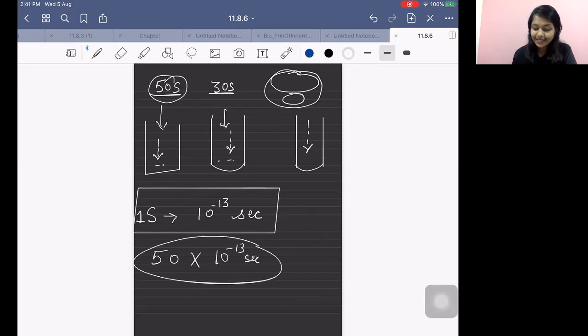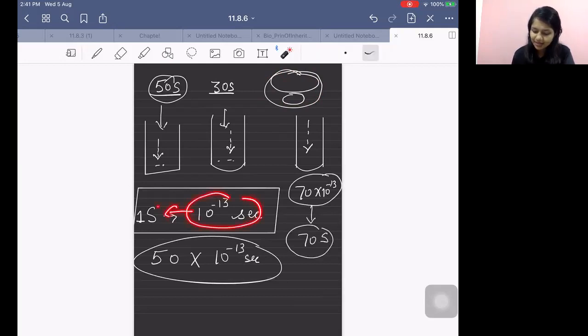If I am taking the two subunits together, you know how much time it took? 70 into 10 to the power minus 13. And that is why you call it 70S, because 10 to the power minus 13 is equal to S. So instead of 10 to the power minus 13, we write S.